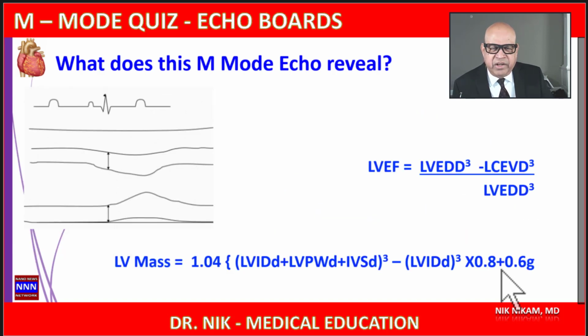We can measure the left ventricular ejection fraction by cubing the end diastolic dimension and end systolic dimension. By using this very simple formula, we can calculate the left ventricular ejection fraction. Similarly, we can calculate the left ventricular mass by using this complex formula. You can just pause the video and read it.